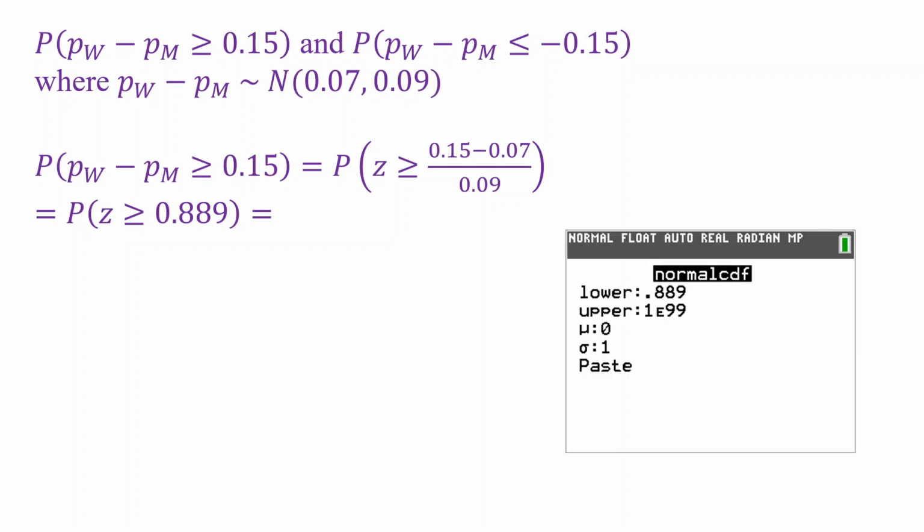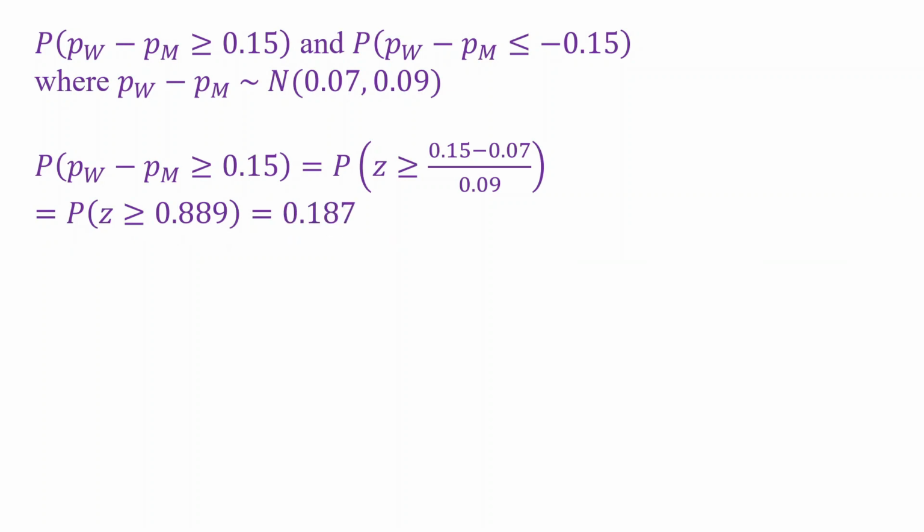And to figure out what that probability is, I go to my calculator. On the screen is a screenshot of what I would put into my calculator. Please do not write the calculator speak down. Just go straight from this notation and you can write down the probability right next to it. And that's going to be 0.187.